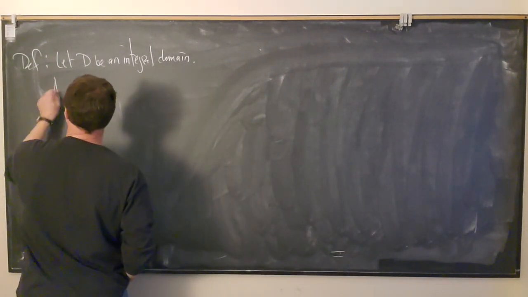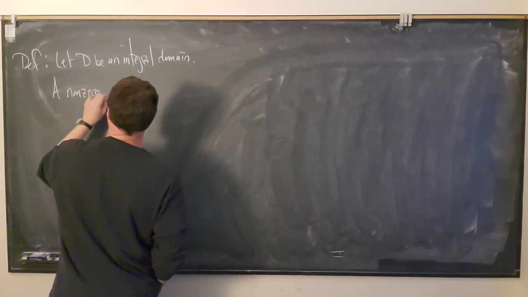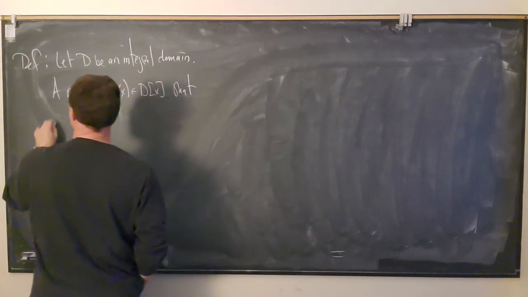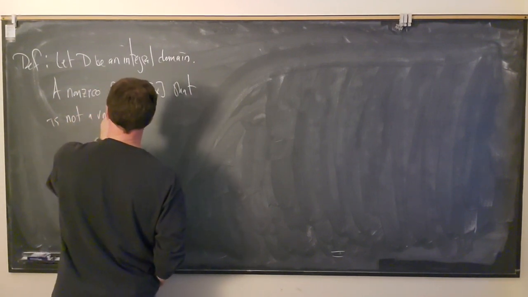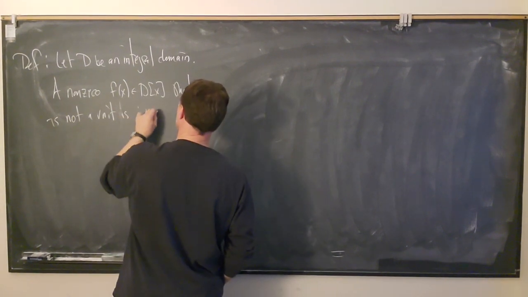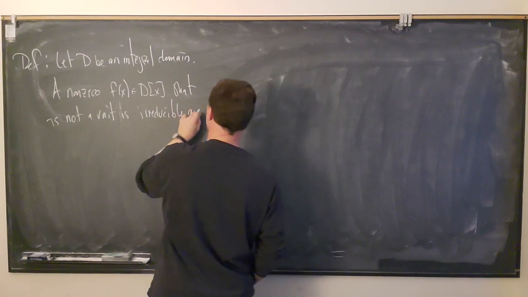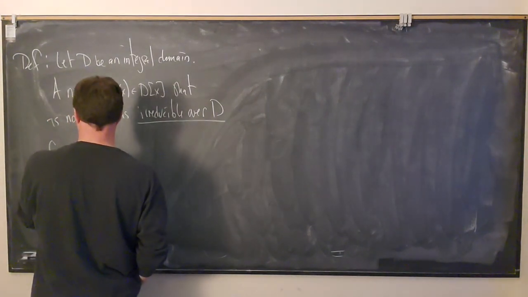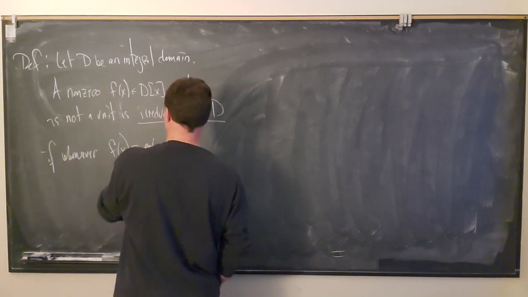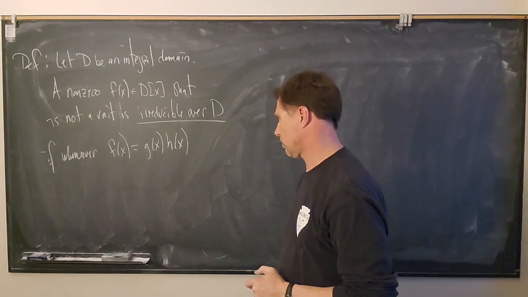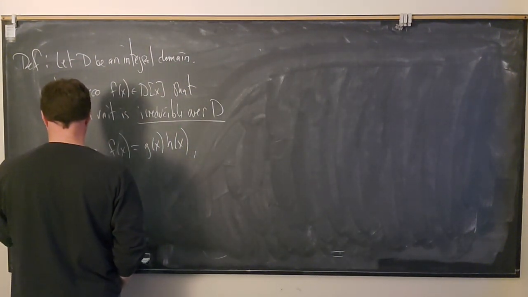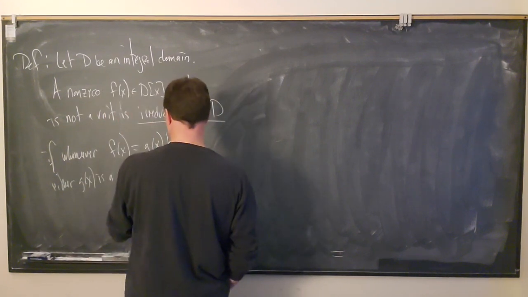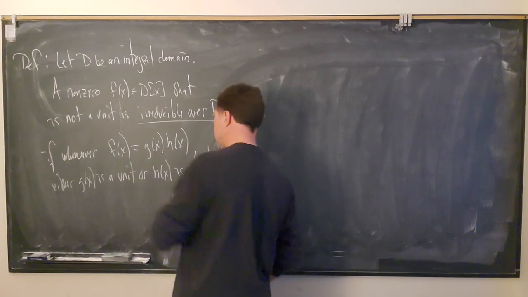And so a non-zero f of x in D bracket x that is not a unit is irreducible over D if whenever f of x can be factored as g of x times h of x, either g of x is a unit or h of x is a unit.